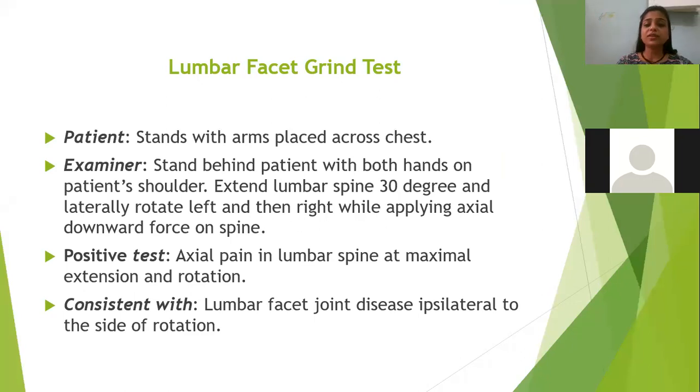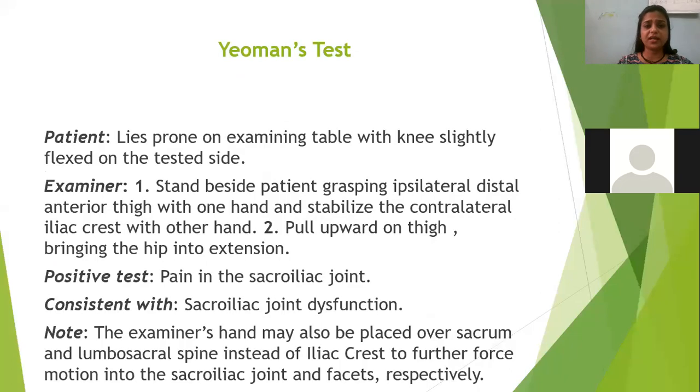When there is lumbar facet joint disease, if you are rotating towards the right and giving axial pressure on this side and the patient feels pain, that means there is a lumbar facet joint dysfunction. Like this, you have to give axial pressure vertically.